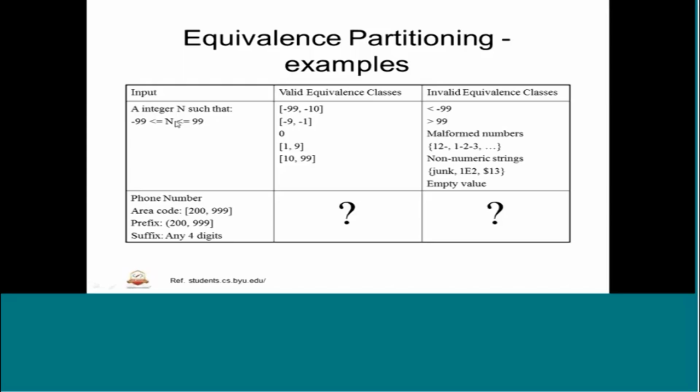Then the numbers are malformed, or the numbers are tweaked in such a way that the system will accept them as a negative or unusual value, like 12 minus. Instead of minus 12, we are giving 12 minus. Similarly, we are giving the input as 1 minus 2, minus 3.